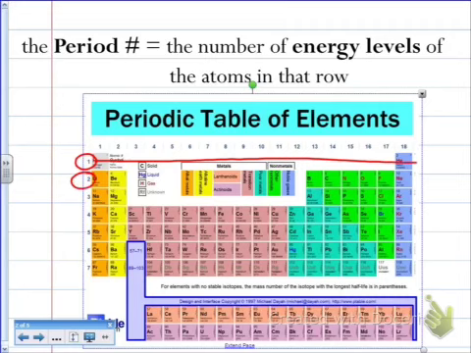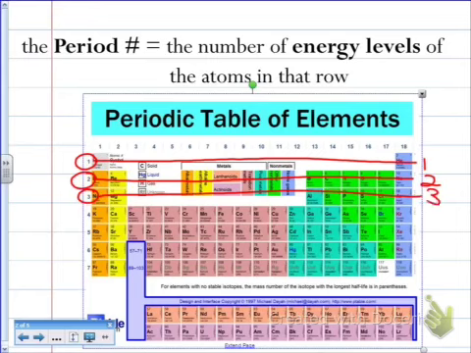Period 2, lithium, beryllium, all the way over, they have 2 energy levels. Period 3 has 3 energy levels. Everything in period 4 has 4 energy levels, and so on. So that's the trick to knowing the number of energy levels of atoms in a row.